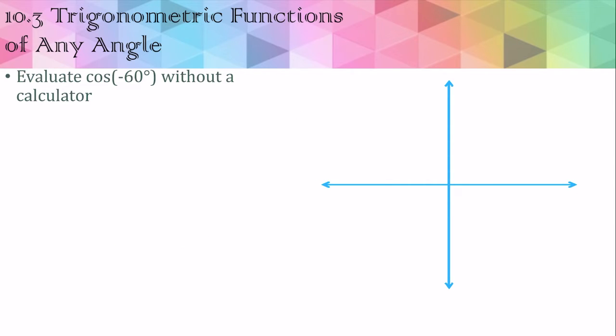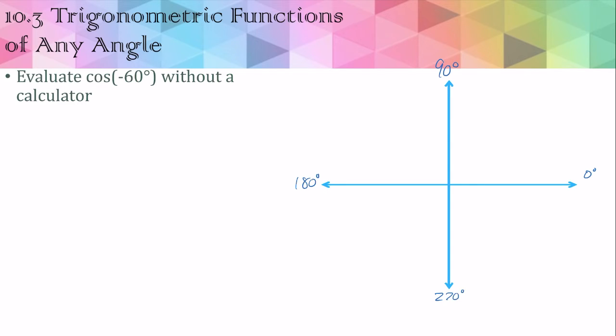All right, so now we can use reference angles to evaluate functions without a calculator. So evaluate cosine of negative 60. Some of you will do just fine with the negative 60. Some of you will need other help.